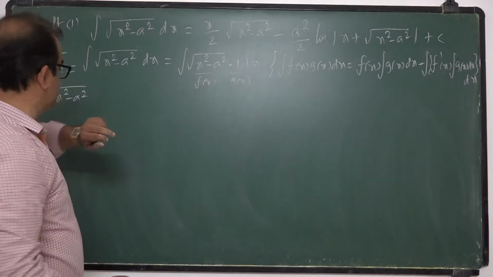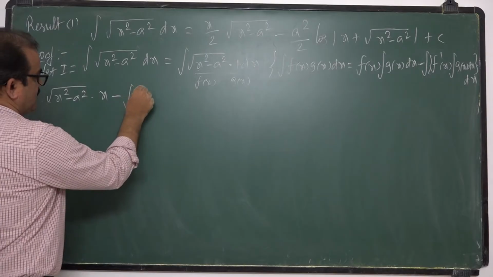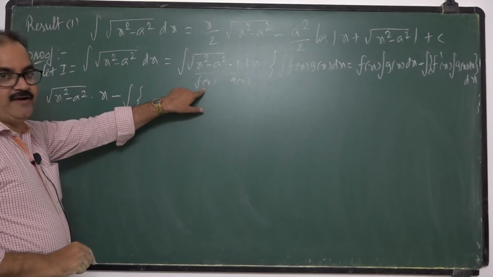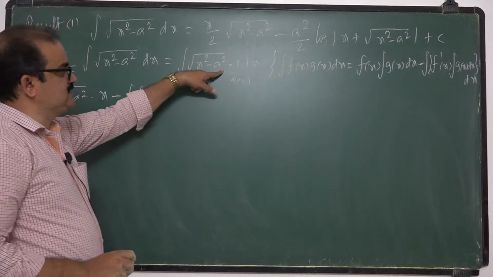Integral 1 dx is x, minus integral of f dash x, the derivative of f of x, the derivative of this root x square minus a square.